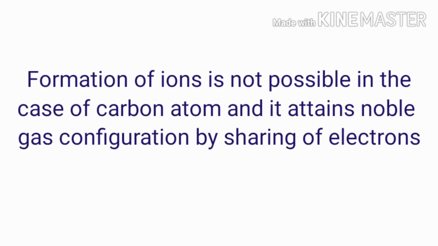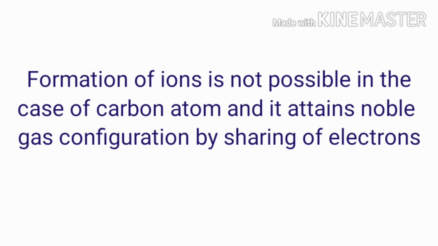Thus, formation of ions by gaining or losing electrons is not possible in the case of carbon. And the carbon atom attains the noble gas configuration by sharing its valence electrons with other carbon atoms or with the atoms of other elements.